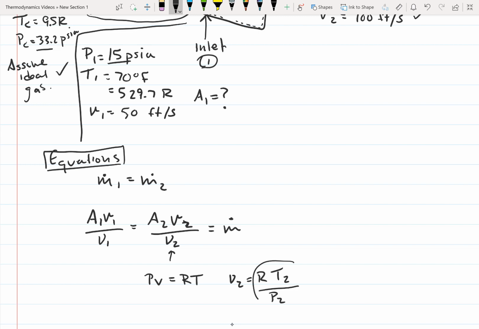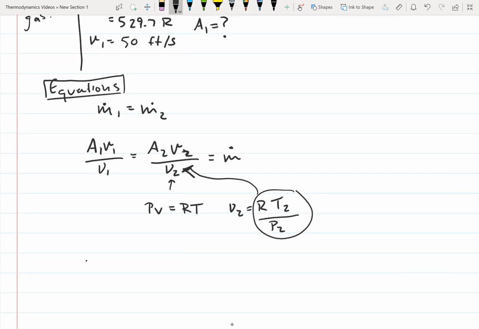I'm just going to take this whole quantity and plug it into this equation for the specific volume. So then the mass flow rate is equal to A2, the velocity at the outlet, P2, over RT2.